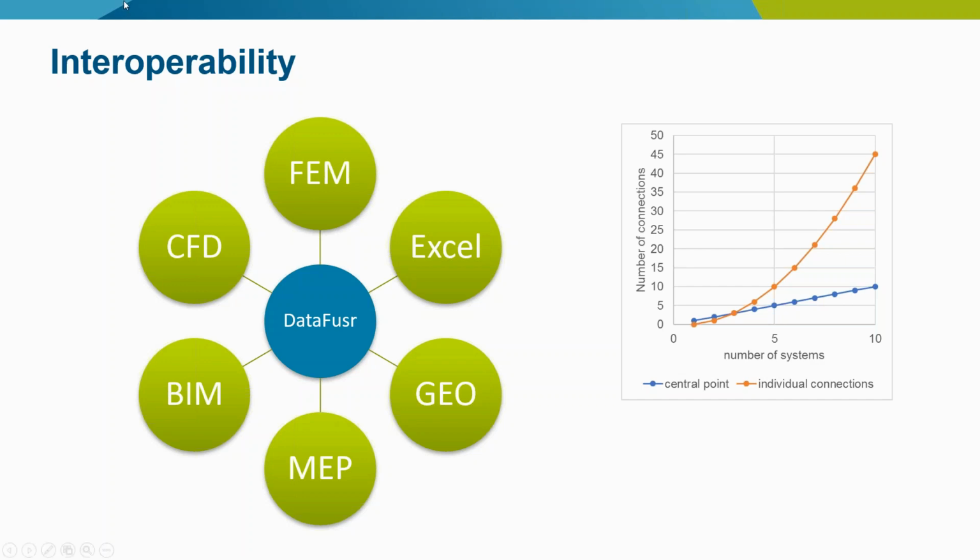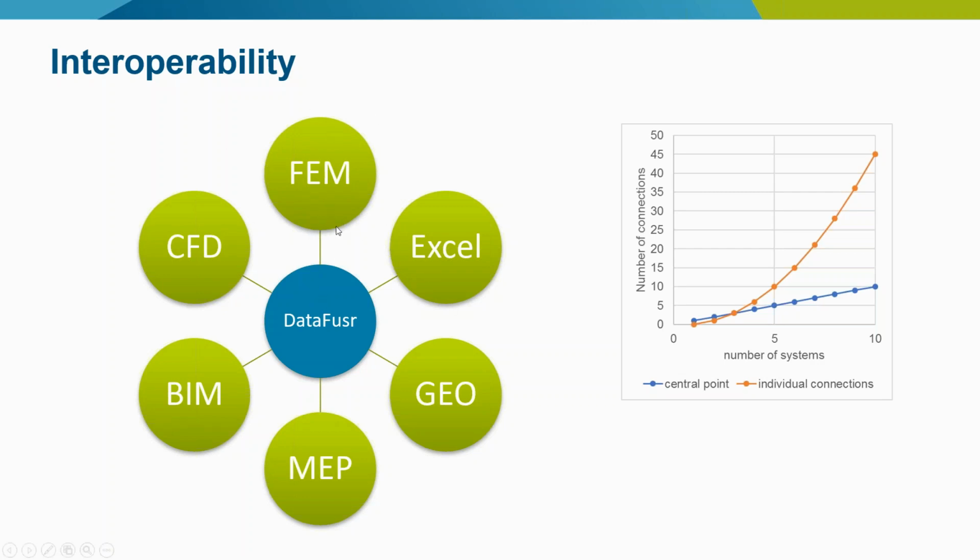So that's a big improvement in terms of maintainability. So it helps us to connect data, but also within such a discipline, we create software to help us to connect to Data Fuser and to create our models.